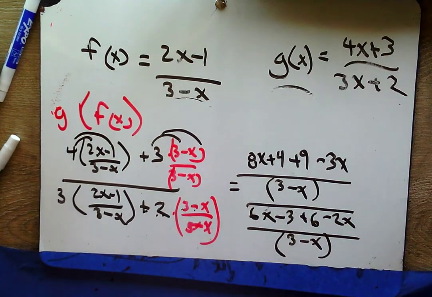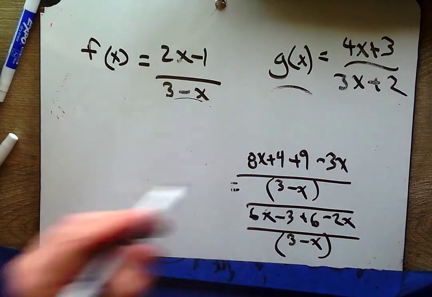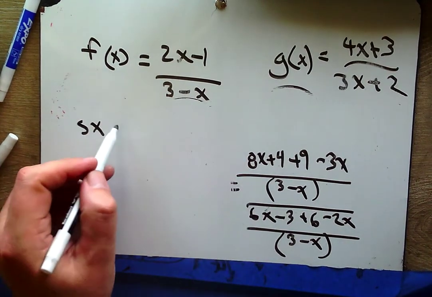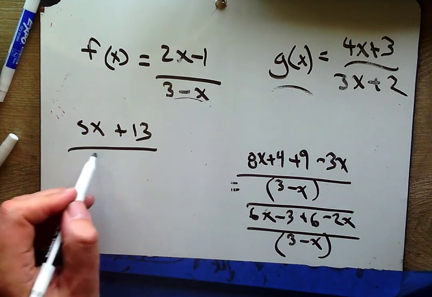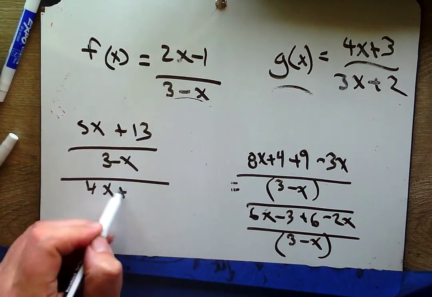Okay, so let's combine like terms. I get 5x plus 13 over 4x plus 3.